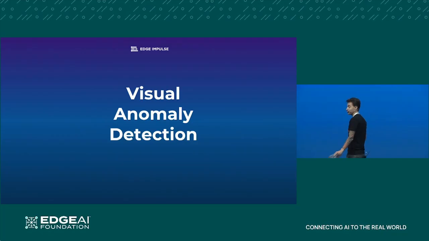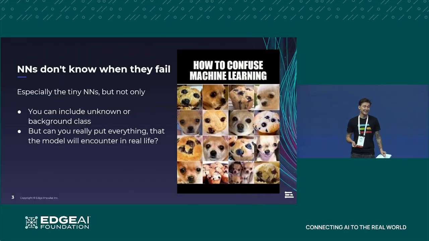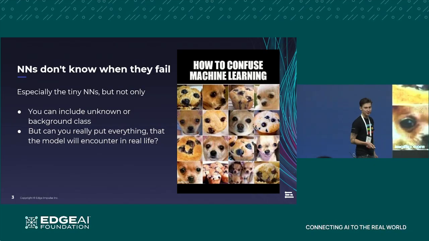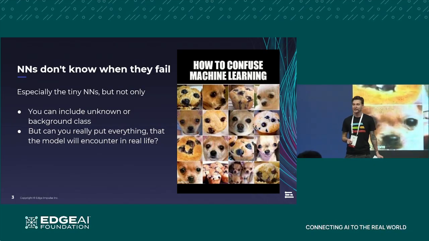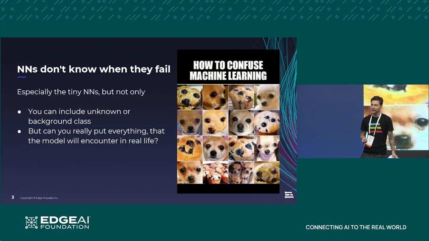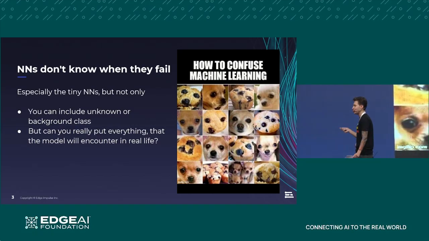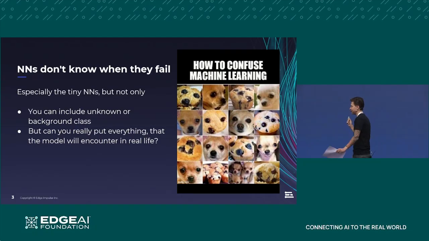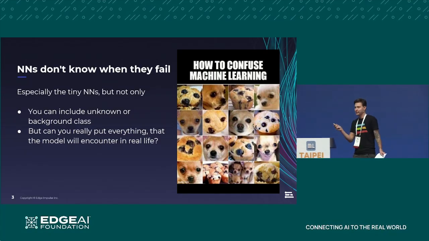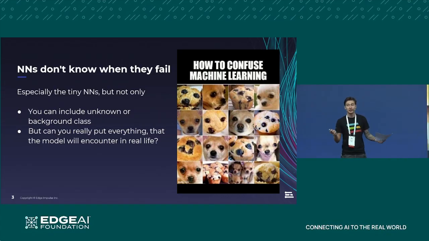The first part, visual anomaly detection. Right? So that fun picture there represents that neural networks, the big ones and even the very small ones, don't know when they fail, and they can fail very hard in some cases. I mention this dichotomy between tiny and big ones because we know with large language models there is an issue of hallucinations, right?